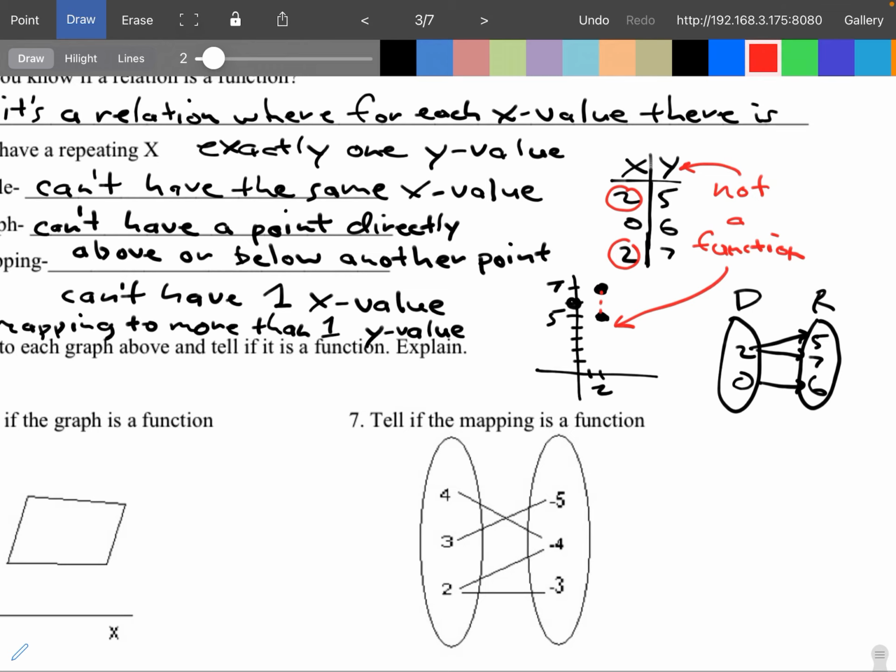So 2 maps to 5, 2 maps to 7, 0 maps to 6. You can't have one x value mapping to more than one y value, so right here you can see that's not a function. So I'll put another arrow down here. All 3 of these examples are not functions.